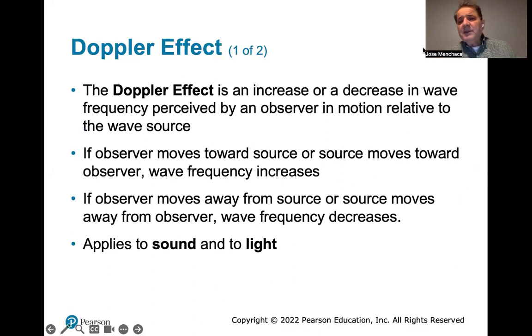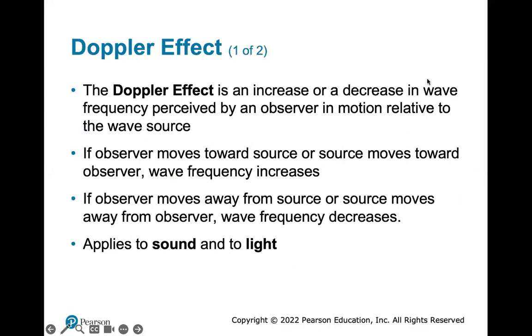The Doppler effect is an increase or decrease in the wave frequency perceived by an observer in motion relative to the wave source. So you could be in a car, hearing a horn or something like that, and if the horn is stationary and you're moving, you'll still get the Doppler effect.